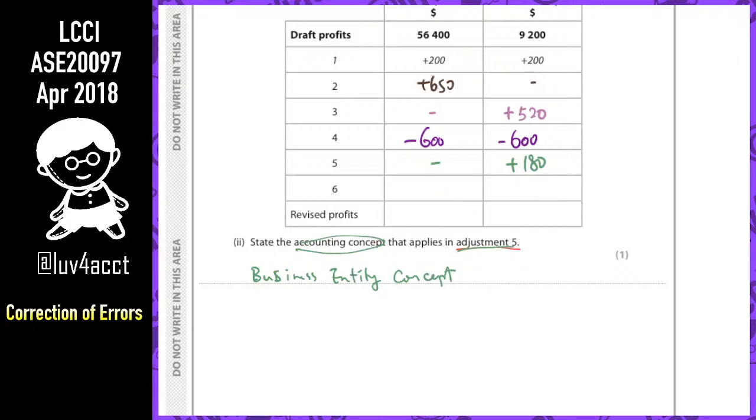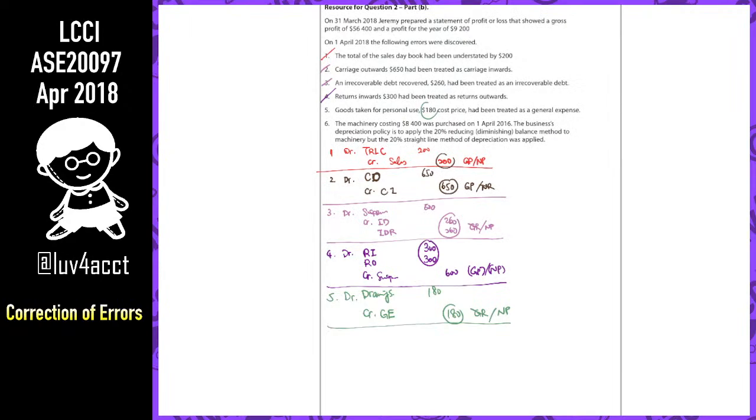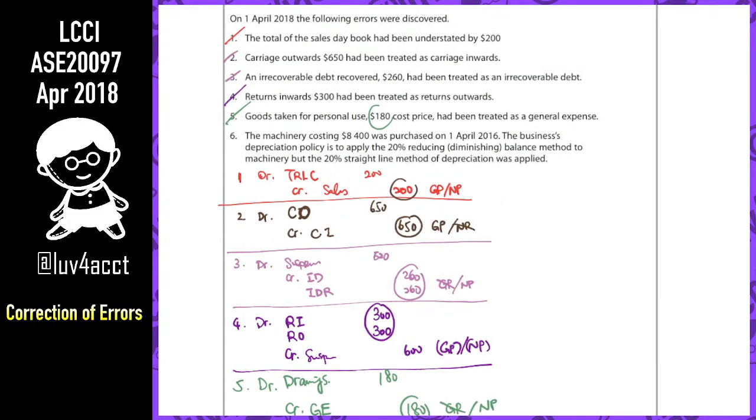Last item, item 6. The machinery costing 8400 was purchased on the 1st of April. The business depreciation policy is to apply 20% reducing balance method to the machinery, but the straight line method of depreciation was applied.